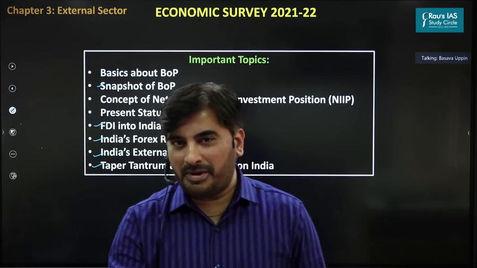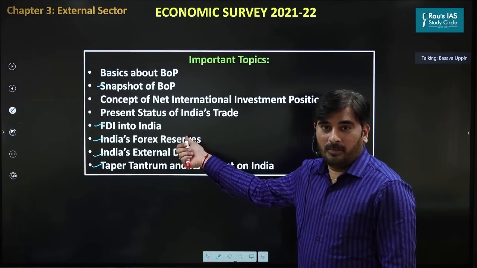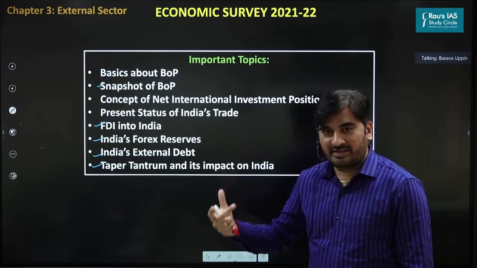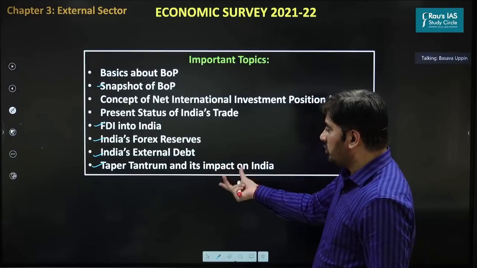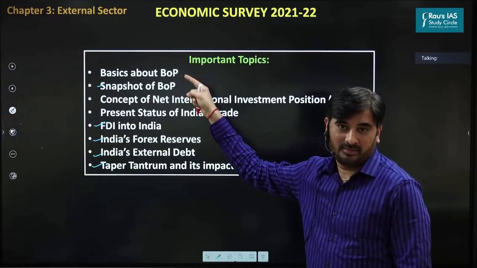Questions have also been repeatedly asked with respect to India's forex reserves. So based upon the analysis of the previous year question papers, these are the topics which become important as far as this particular topic is concerned.